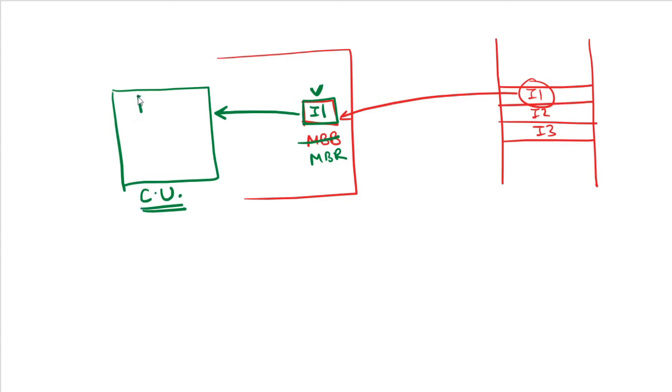And control unit has one register which is called as instruction register. This instruction I1 will go to instruction register. Now control unit will take this instruction from instruction register and do a few things.